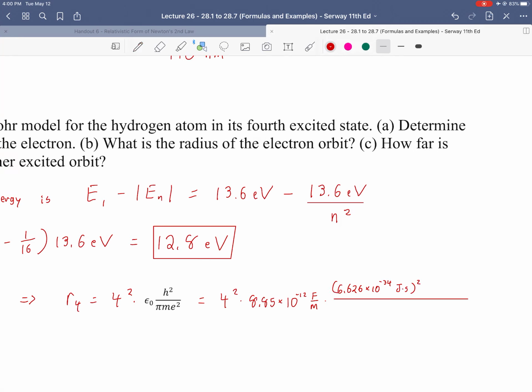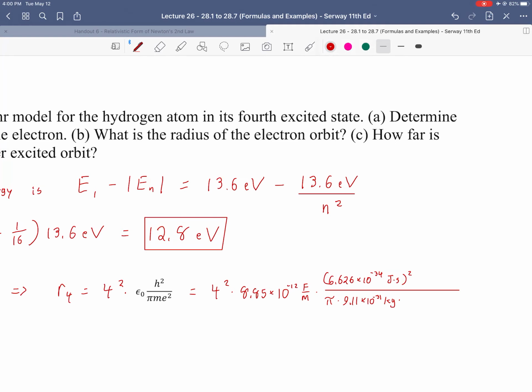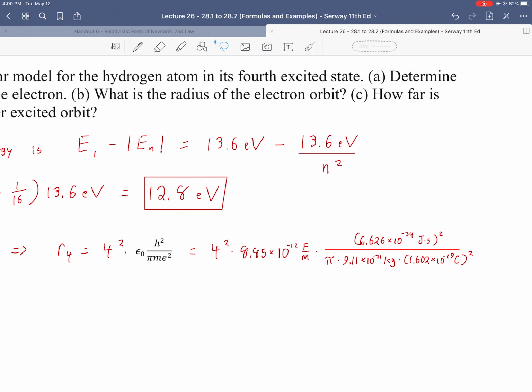And then we have to deal with the denominator. So pi, mass of the electron, so 9.11 times 10 to the negative 31 kilograms. And then the fundamental charge, 1.602 times 10 to the negative 19 coulombs, squared. Okay, let's clean this up a little bit.